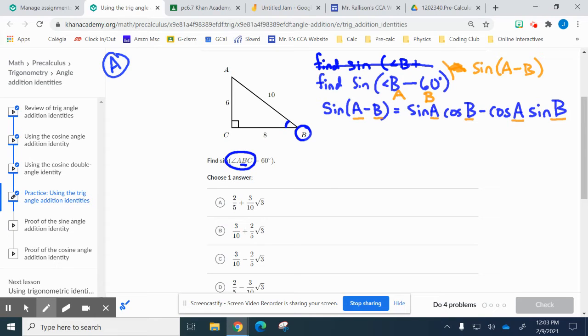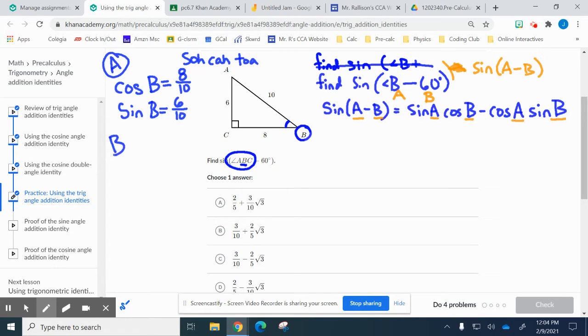So we'll say cosine of B equals, and we'll just write SOHCAHTOA because you can't ever write that too much. The cosine of B is the adjacent over the hypotenuse, so that's 8 over 10. And the sine of B is opposite over hypotenuse, which is 6 over 10. And you can reduce those if you want or not.